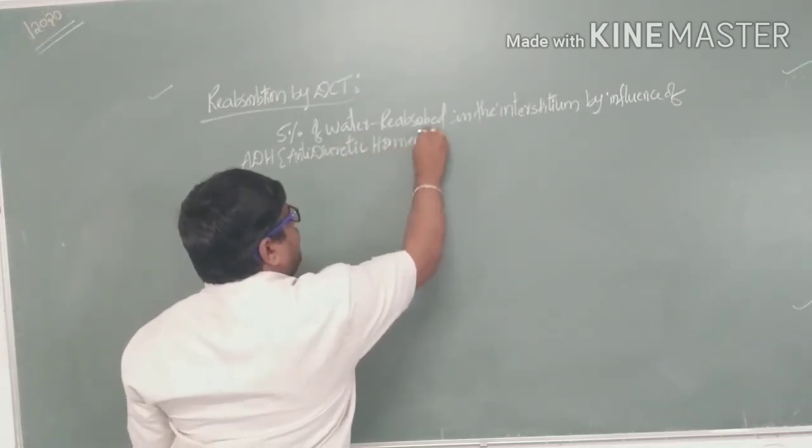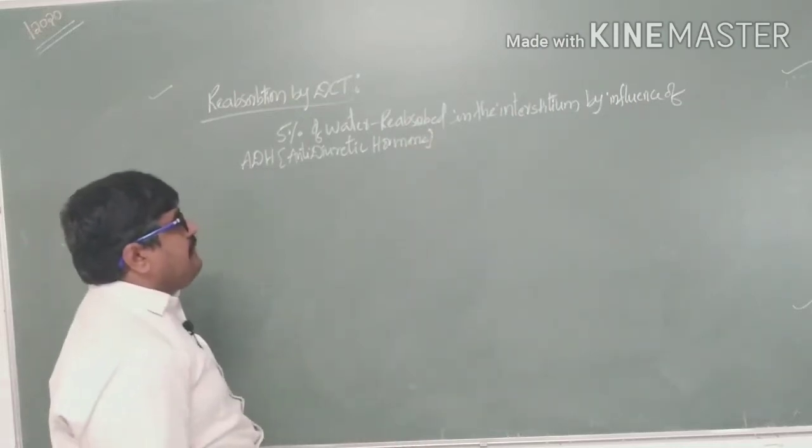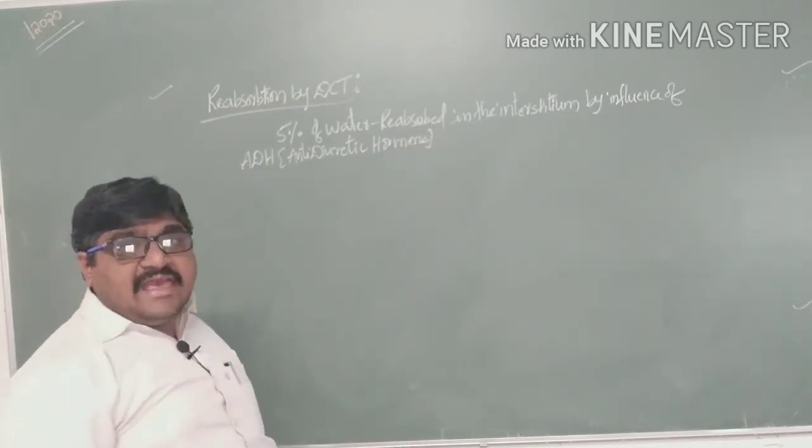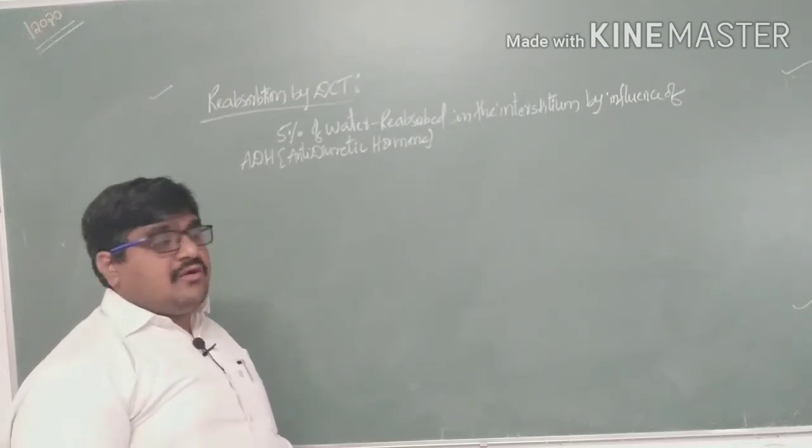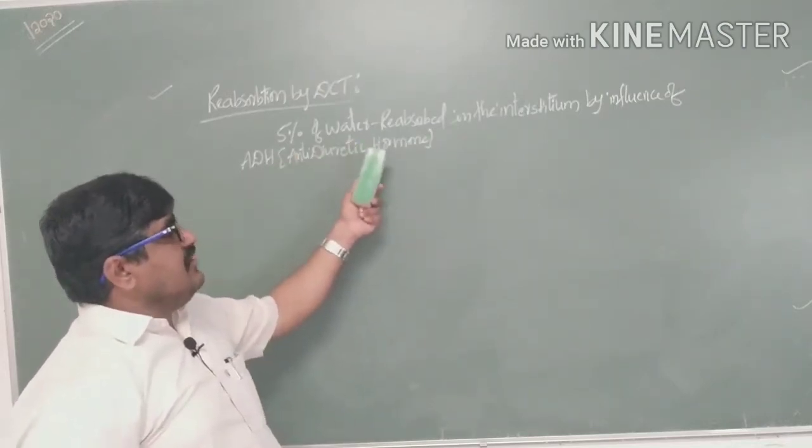So with the help of antidiuretic hormone, 5% of water is reabsorbed into the interstitium of the blood.